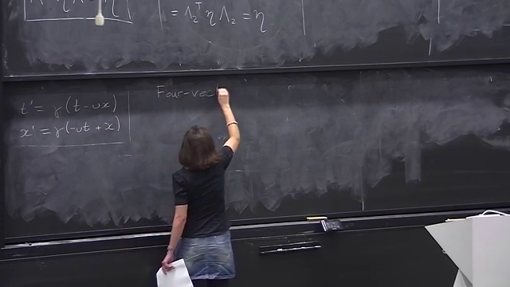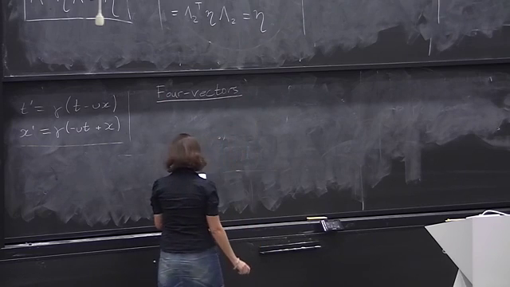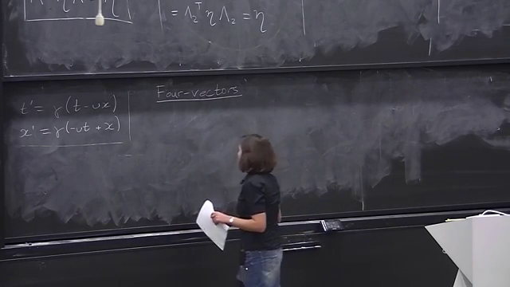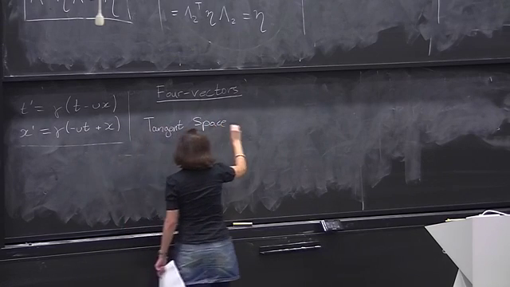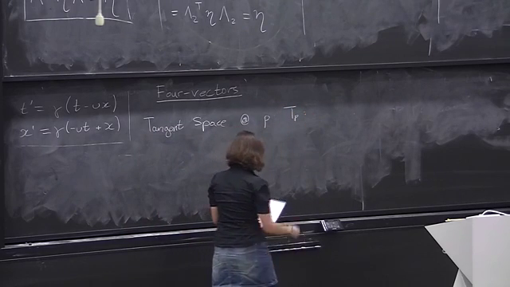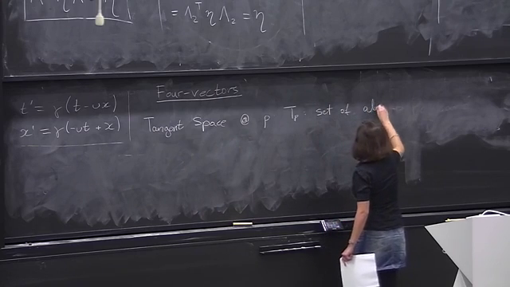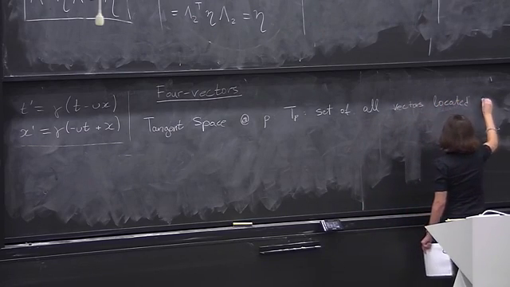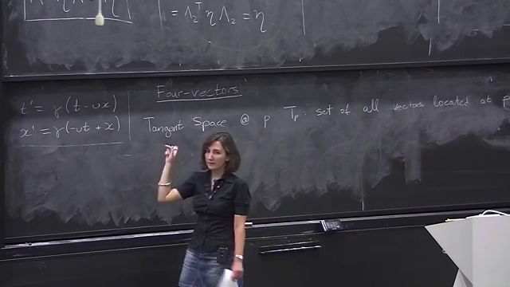So let me now introduce 4-vectors. And in order to introduce 4-vectors, let me first define the tangent space at a point P as the set of all vectors located at P. So I associate a vector space with each point in my space-time.